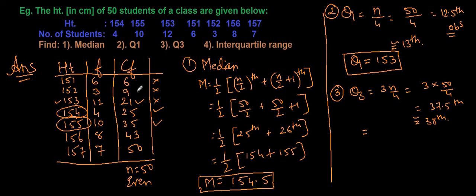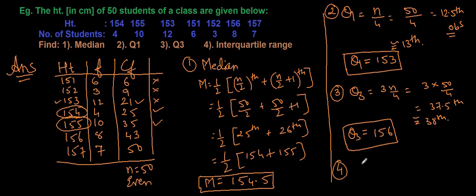It is not there in 6, 9, 21. Even in 25, 35 it is not there. It is there in 43. In 43, 38 comes. So it is 156. So Q3 is 156. Understood?